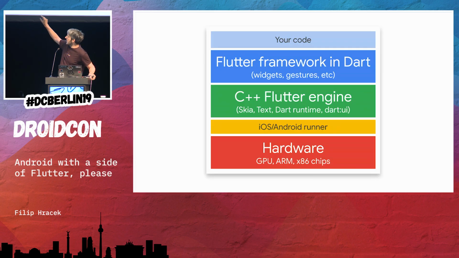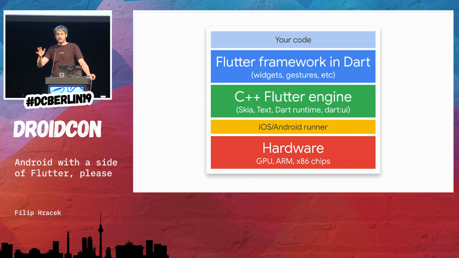So there's a thin iOS or Android runner, in Android land, that's an NDK app that just has the C++ bits on top of it, which is a very slim layer of Skia and text rendering and Dart runtime. And on top of that, there's the Flutter framework, and on top of that, there's your code. And the blue parts are compiled to machine code, and the C++ things are linked to it, and that's it.